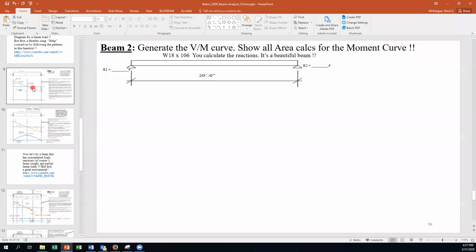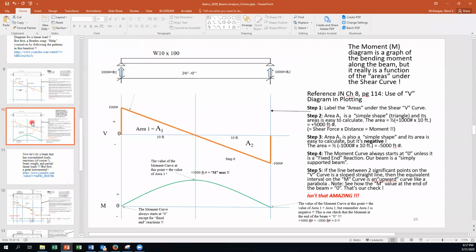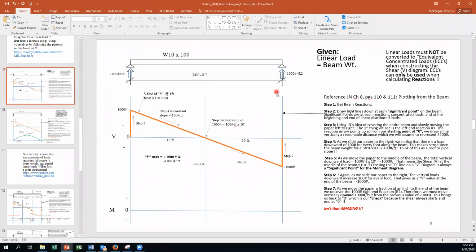Did he leave already? No, I'm still here. So here's the one with the linear load. Now, because it's a beam weight, right?